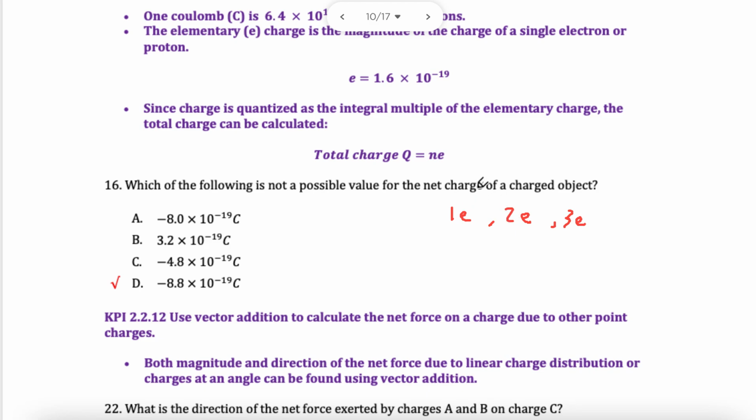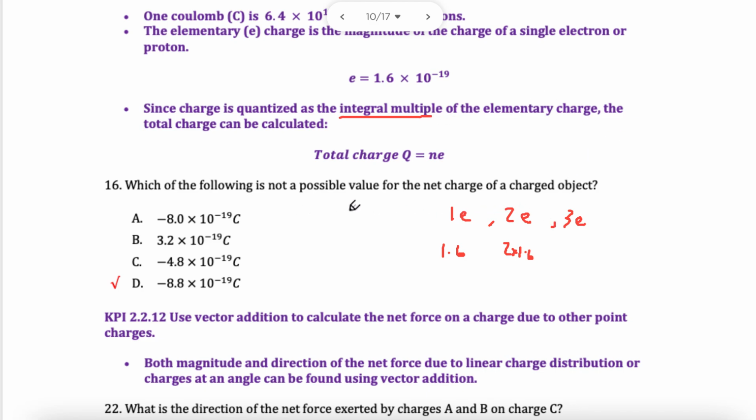No, it's either 1 or 2 or 3, which means it's either 1.6 times 10 to the minus 19 or double 1.6, 2 times 1.6, 3.2, and so on. So you need to know that everything is an integer multiple. That's what they say here, integral multiple.